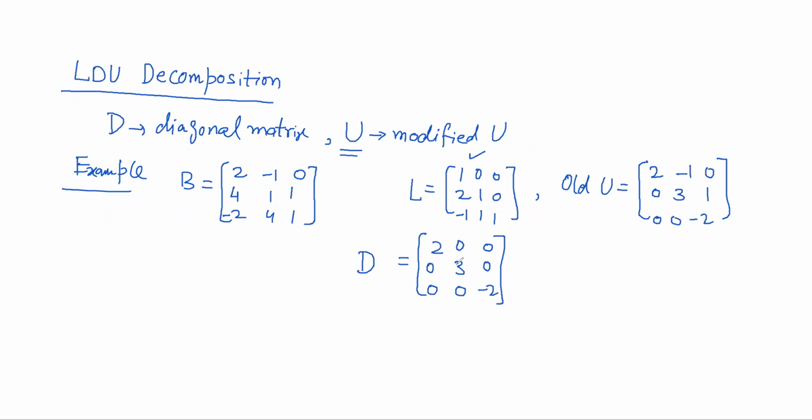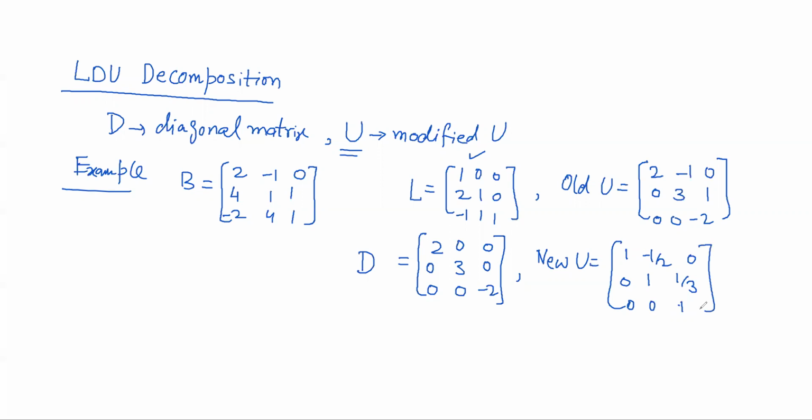So the same diagonal elements as were in the old U. And the new upper triangular matrix we get by dividing the first row by this 2. So it will be 1, then minus 1 by 2, and then 0. The second row by 3, so it will be 0, 1, and then 1 by 3. And the third row by minus 2, so it will be 0, 0, and then 1.